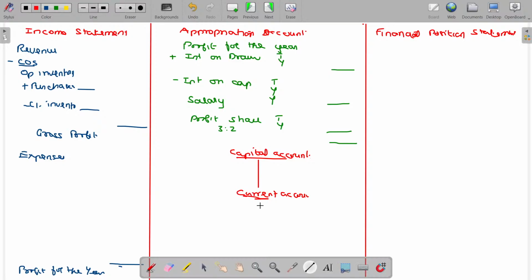Because the debit and credit values are the same, I may have two columns. One column is for partner T, another column is for partner Y. That's how we can prepare.